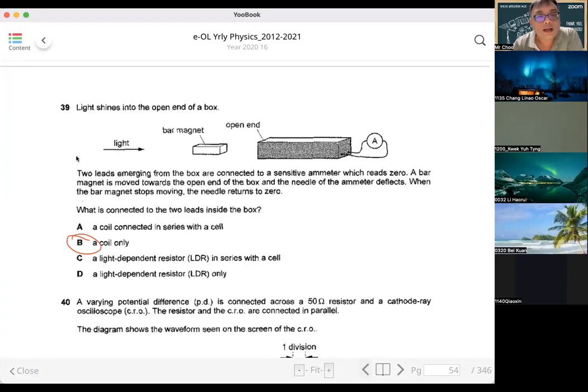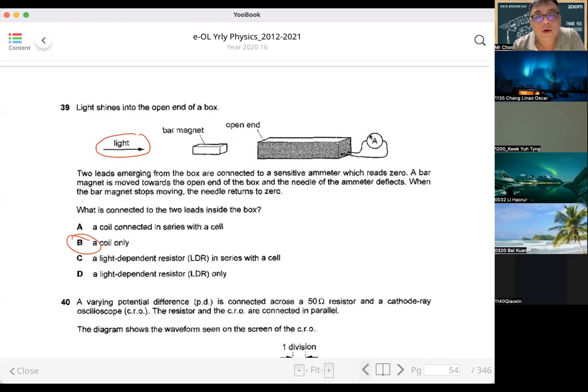So can you see some questions are similar? But this question is a bit different from the previous one because there's this thing called light. In the previous question there's no light, but for this question there is light. But what is described here has nothing to do with the light.